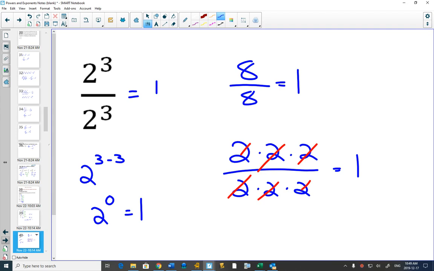It wouldn't be good mathematics if in one method I get one number, in another method I get another number. So whether you use your exponent law and get 2 to the 0, it's equal to 1, or you evaluate it and get 8 divided by 8, it's equal to 1.